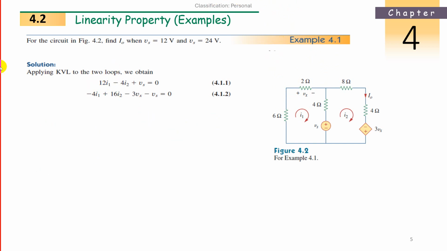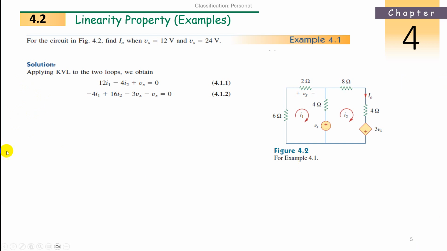First technique, if you want, I can use the first technique here. First technique is writing the loop equation directly. That is 6 I1 plus 2 I1 plus 4 I1 minus I2.